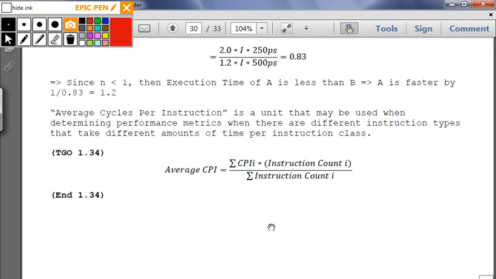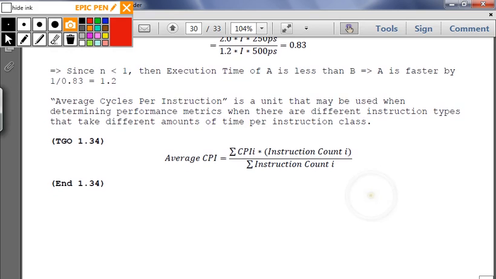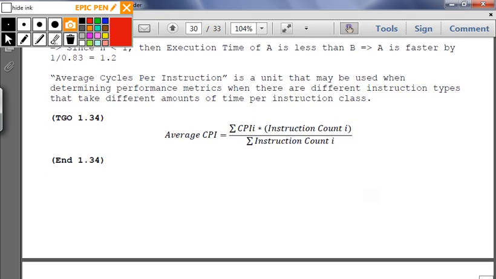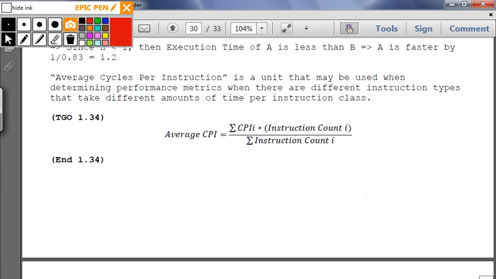So does anybody have any questions on how I solved that problem? Okay. The next concept we're going to go into is something known as average cycles per instruction. It is the same units, CPI, but this equation is how you can use your multiple instruction types to get an average CPI.